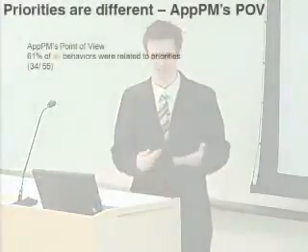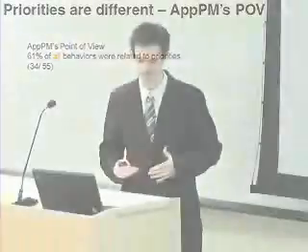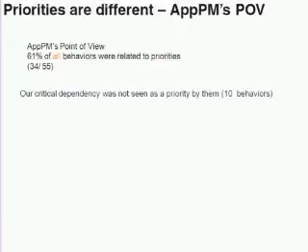I'll give some quotes because that's the really fun part. I'm going to only give a few because I don't have time, but I've got so many we can discuss them later. Our critical dependency was not seen as a priority by them. 10 behaviors fell into that category. A quote: "The person in charge of specifying the feature, he was a contractor who has left for 6 months. So it seems like if I was going to develop a feature that a bunch of other people rely on, or if I was a manager and I was looking at all the people to assign to a feature, I would definitely not assign the feature that everyone relied on to the person who was going to leave."